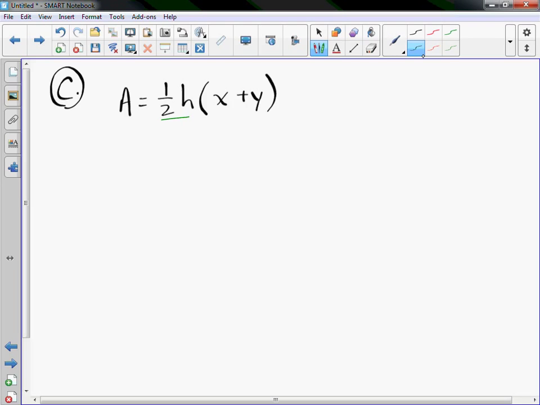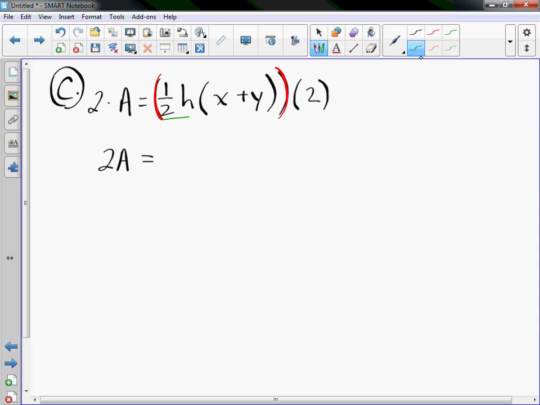If you take 1/2 times 2, they cancel each other. So I'm going to multiply both sides by 2. I'll just multiply this whole side by 2, and multiply this side by 2. So over here on the left, there are 2 times a, which is 2a, equals, now this looks really sloppy on the right-hand side, but all I have to know is that the parentheses is actually one term, because 1/2 times h times x plus y is just one term.